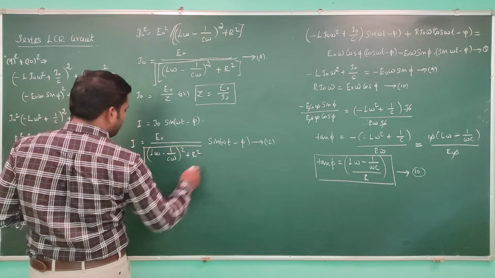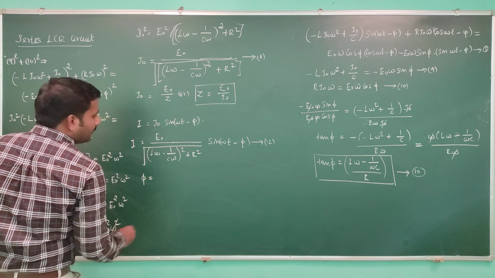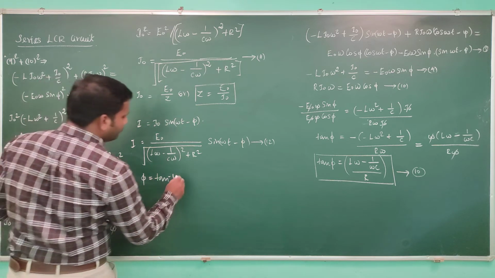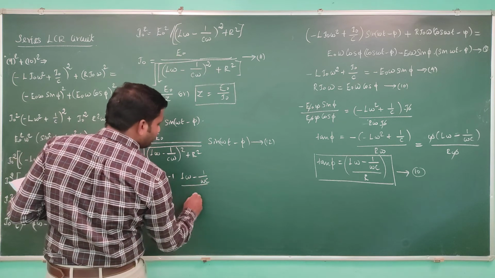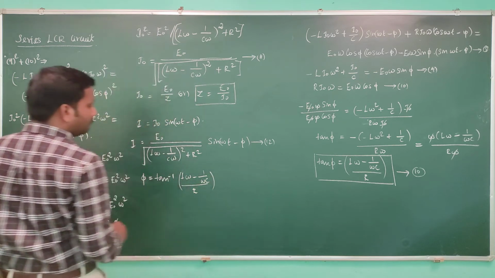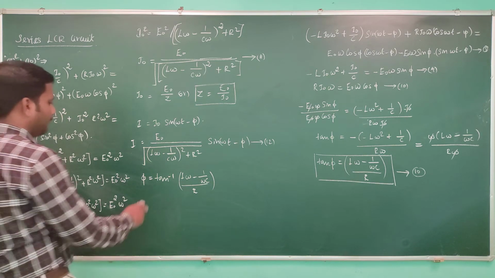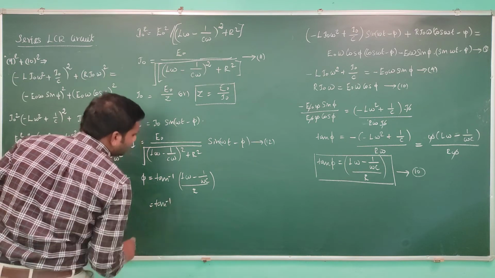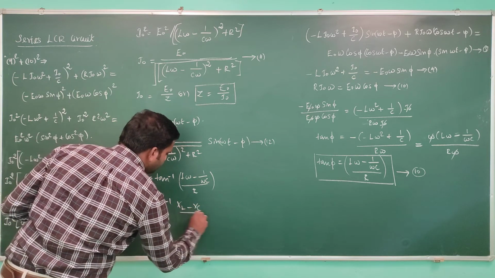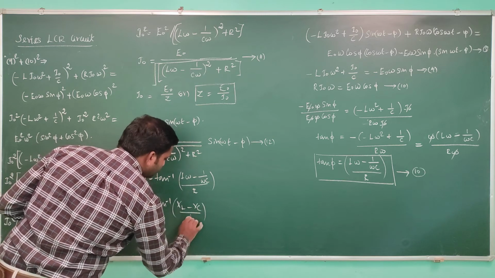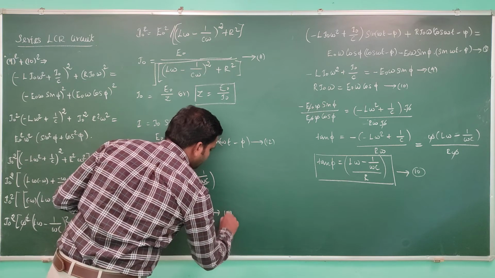We can calculate phi by taking an inverse: phi is tan inverse of (L omega minus 1 by omega C) by R. Or we can write it as tan inverse of XL, which is L omega, minus XC, which is 1 over omega C, by R. In that way also you can write the equation for phi. This is equation number 13.